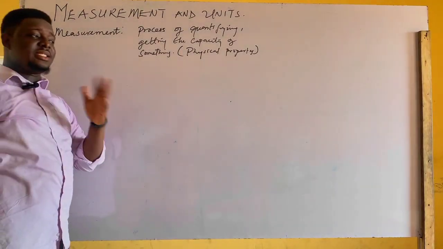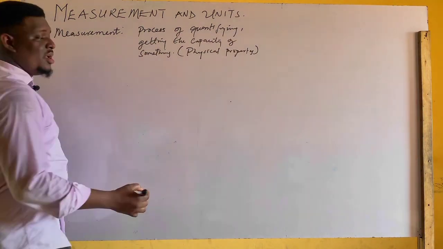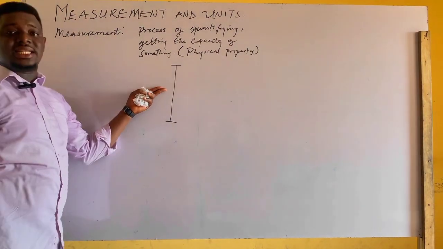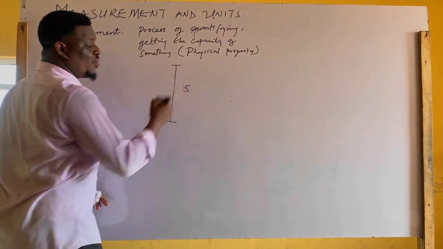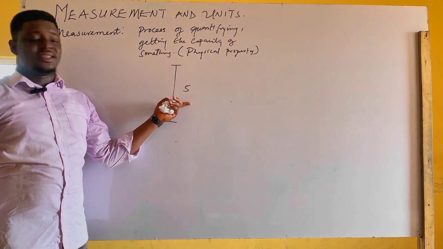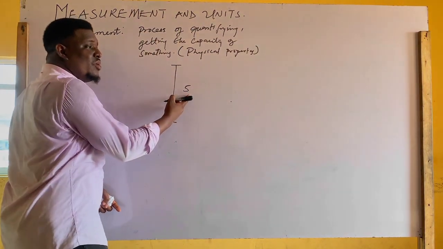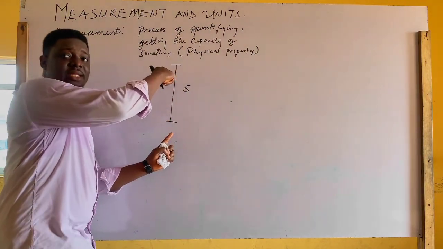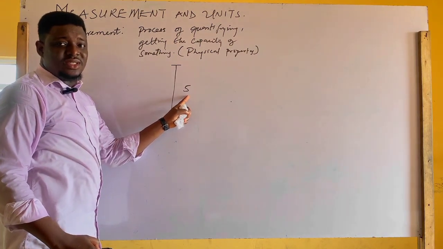I can give you an example of this. If I ask you, how tall are you? And you tell me you are 5 tall. It doesn't make any sense. There must be something that makes us understand that you are talking about length.